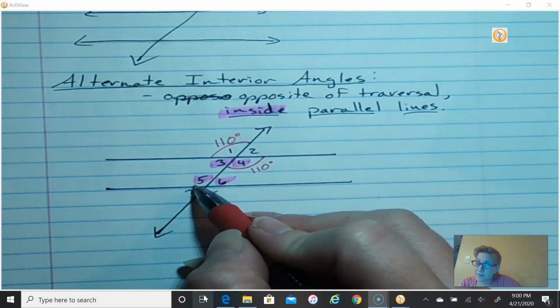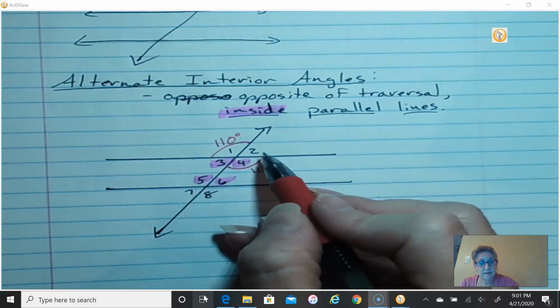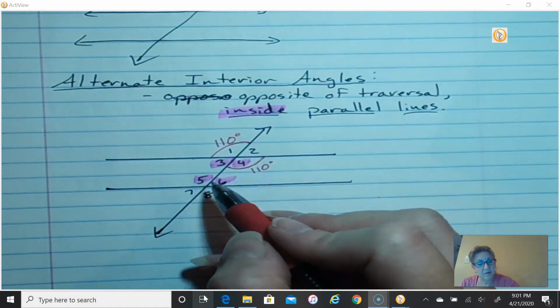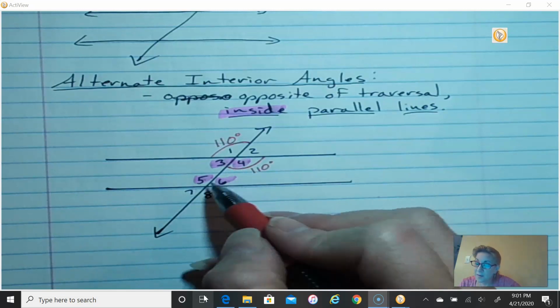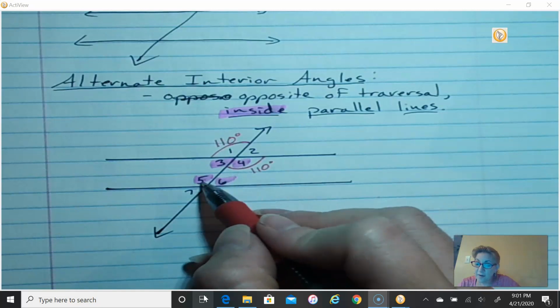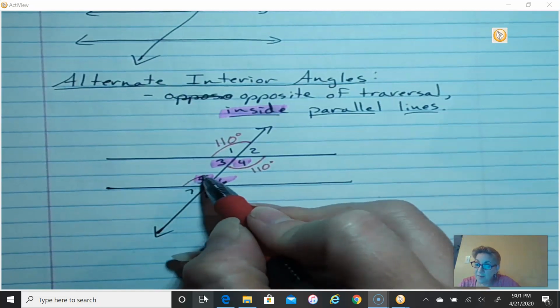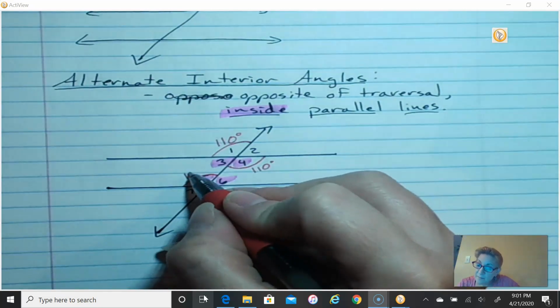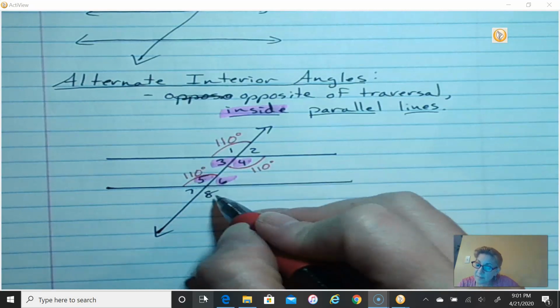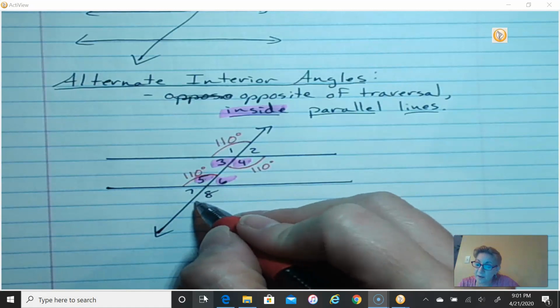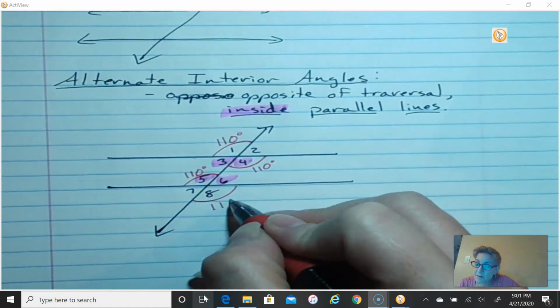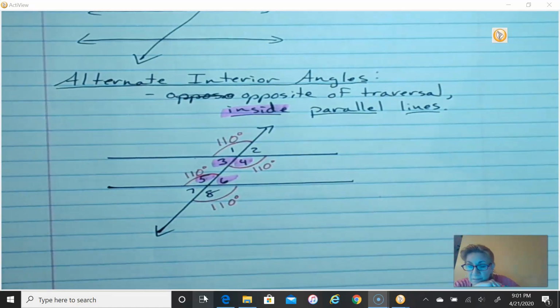Look at 5. But anyway, angle 4 and 5, they're the same. 110 degrees. So 5 is 110. What would 8 be? 110. Okay?